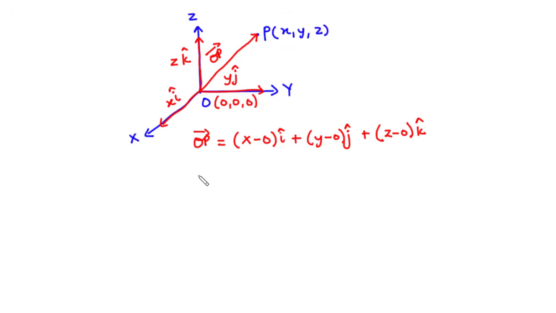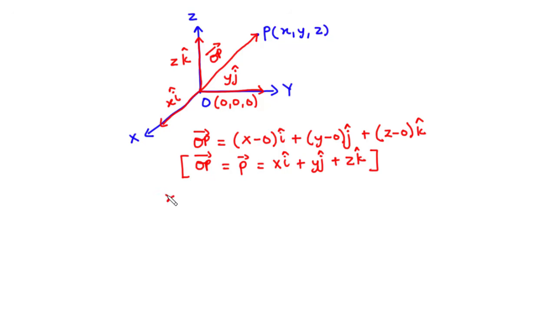Now we can simplify this as vector OP, and that is equal to vector P. This is equal to x I cap plus y j cap plus z k cap, and we call this the component form of the vector OP.